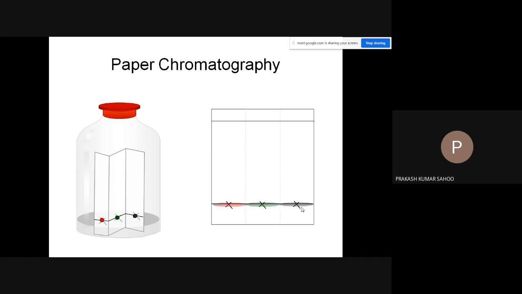Then what happened? There is a movement of constituents from the mixture, highlighting some regions with definite colors. So it indicates that this reactant also has two components.